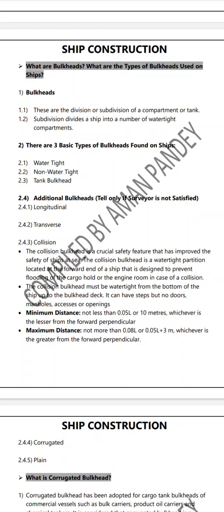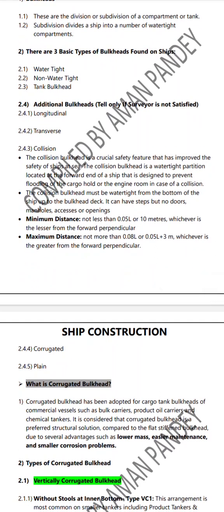For the collision bulkhead, the minimum distance is 0.05 L or 10 meters, and the maximum distance is 0.05 L plus 3 meters or 0.08 L.